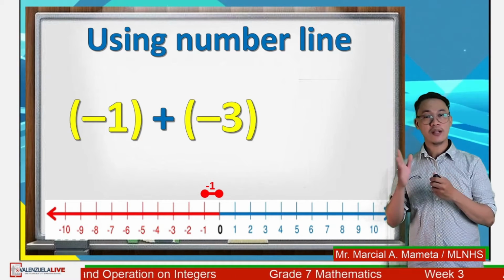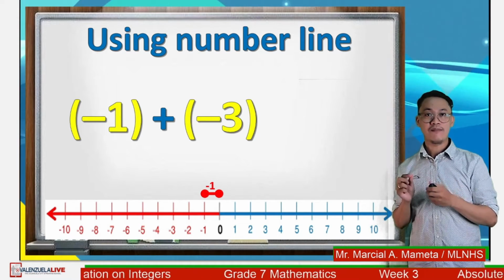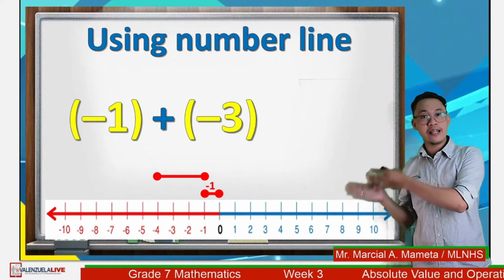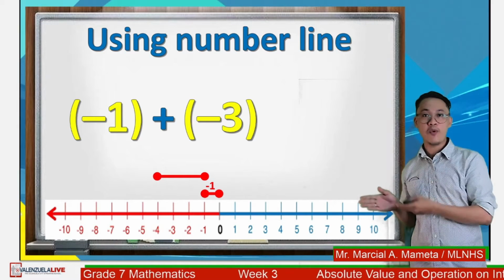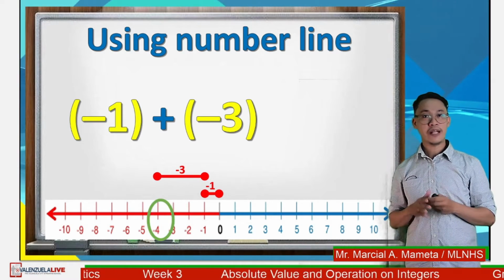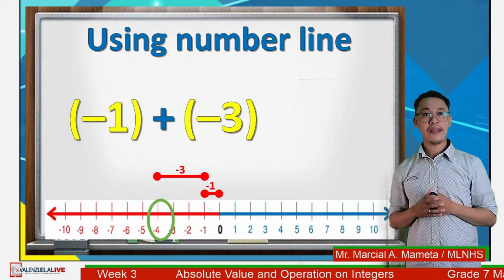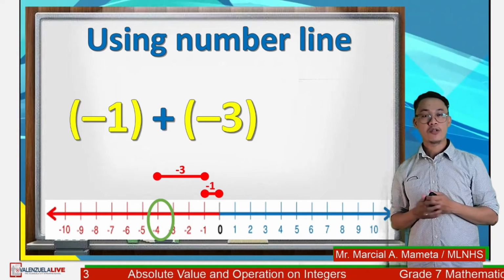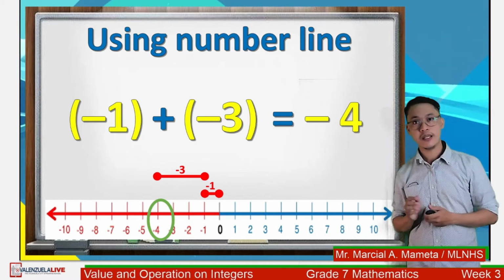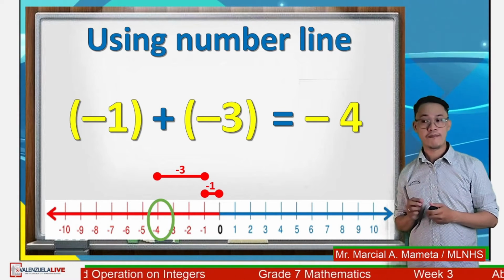Next, how about the negative 3? Just add another line segment from the end of the negative 1, which is negative 3. By tracing the whole line segment, we end at negative 4. So therefore, negative 1 plus negative 3 is equal to negative 4.